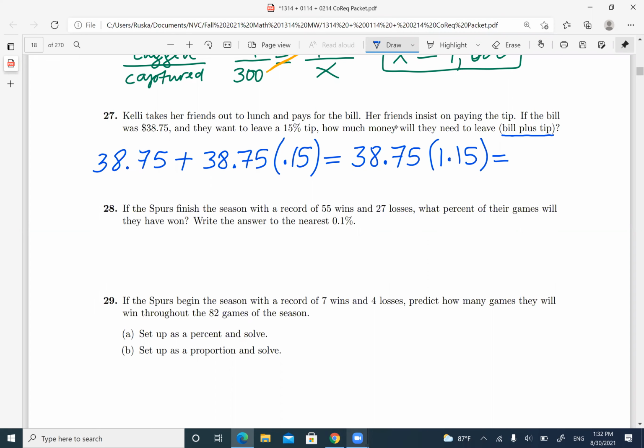So when I multiply, you get the same, but this is less pressing on the calculator. 38.75 multiplied by 1.15 is going to be $44.56 when you round it.